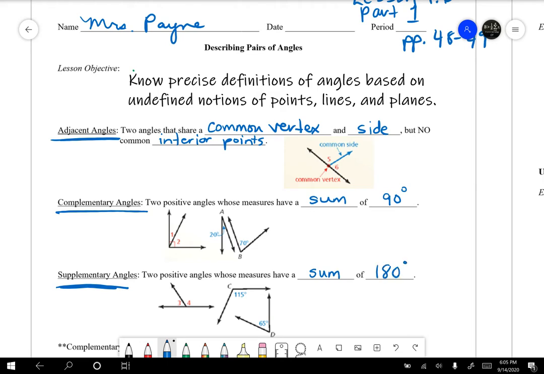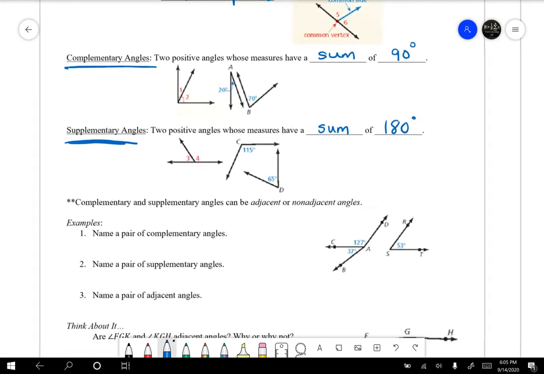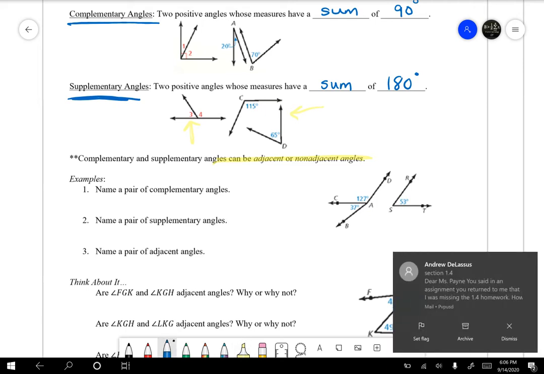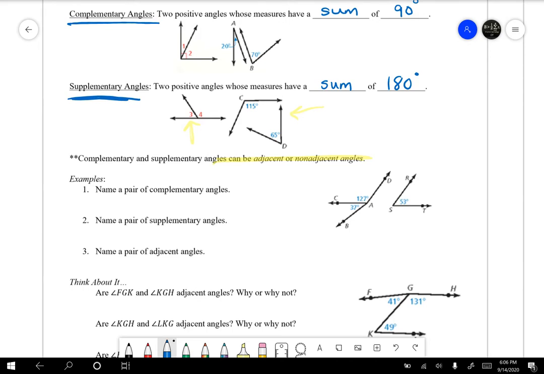So if we know that vocabulary, we're already done with that. Remember, complementary and supplementary can be adjacent or non-adjacent. They don't have to be connected like this first one. They can be disconnected. All it means is that they add up to 90 or 180.